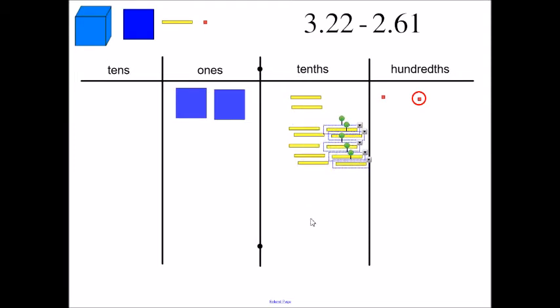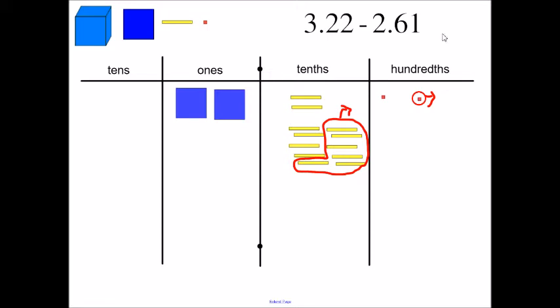So there's my additional 10 rods. And so I want to take 6 of those away. So I'm going to draw a circle or a squiggle around 6 of these. So that nice little arrow tells us that we are taking it away.